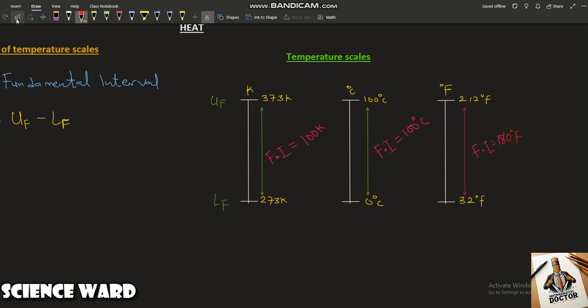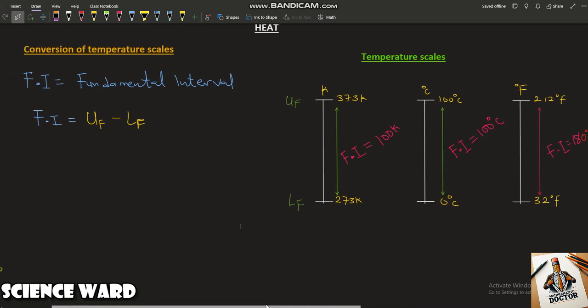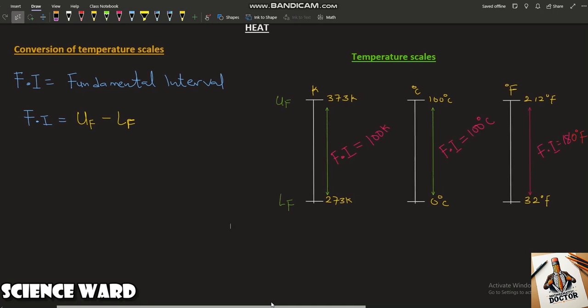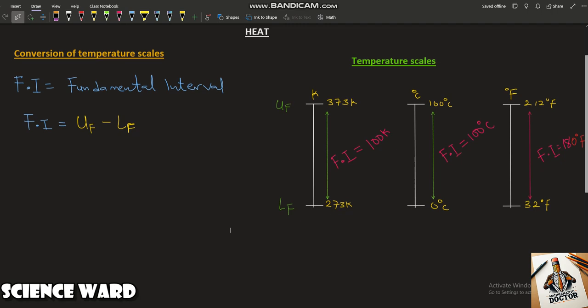Now it is possible to convert from one temperature scale to another. We can make the conversion between one temperature scale and another right from this calculation. And that is the reason why you're seeing conversion of temperature scales on the other end of the board.